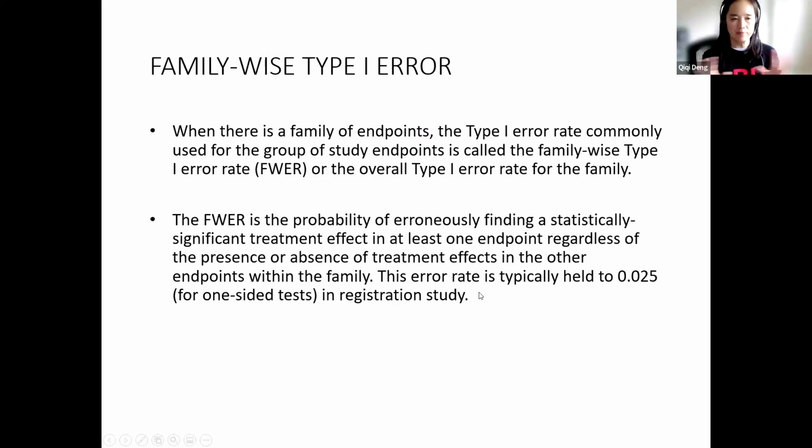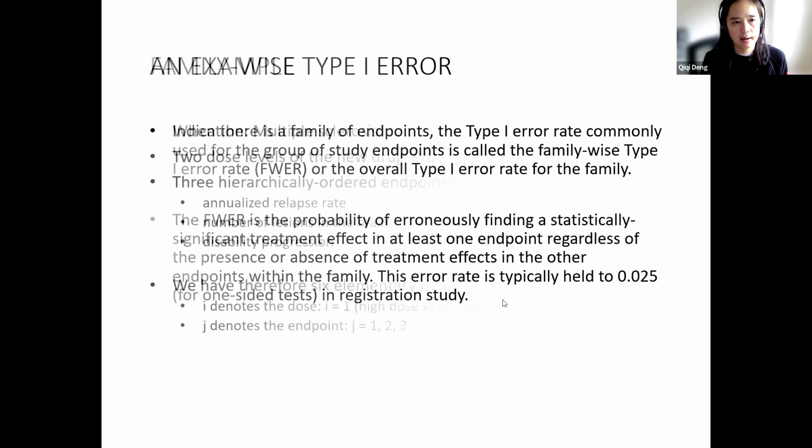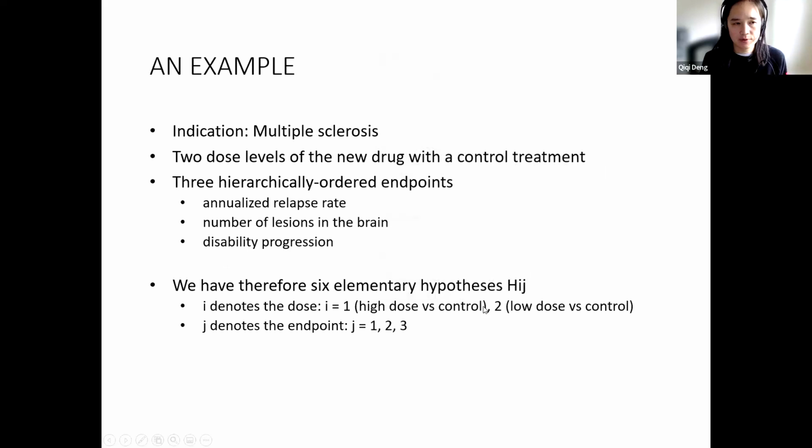When we talk about family, we're talking about a family of hypotheses, and we want to make sure that the error rate is controlled for each one of them, regardless of whether for other hypotheses there is a benefit or not. So this error rate is very important in clinical trial statistical analysis, and there are different methods developed to control that.